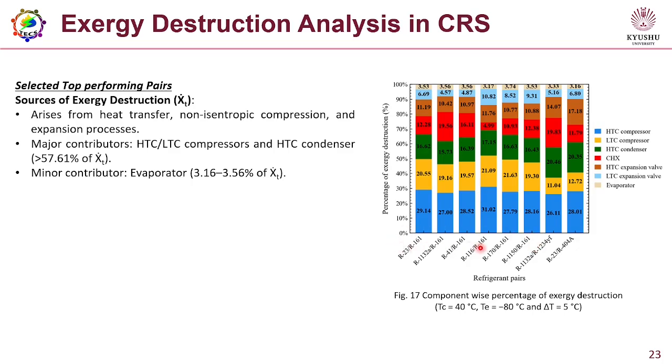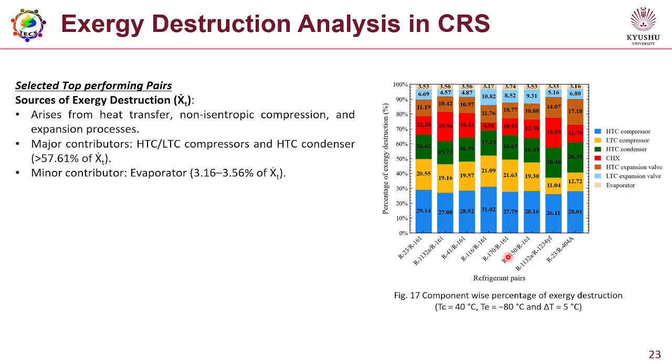So 161 was the best performing high temperature cycle refrigerant. Also R1234YF is taken because it has lower flammability, A2L, whereas R161 has the flammability of A3 category, and they were compared with R23 R404A as a baseline.